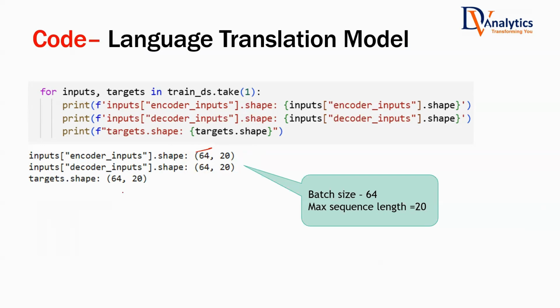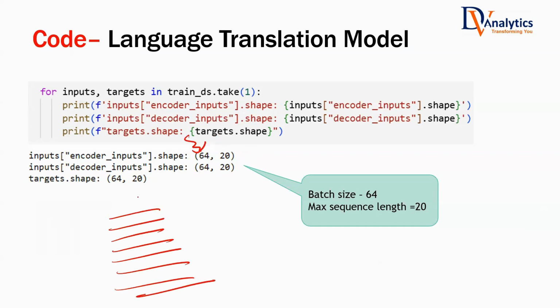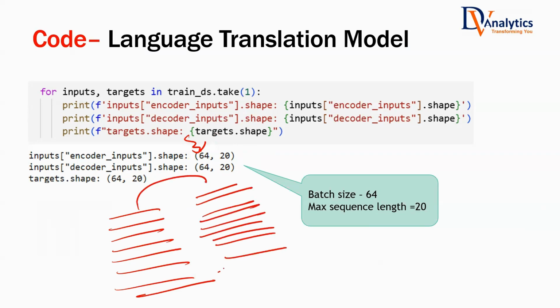So the target shape is also 64 by 20, as well as the encoder input shape is also 64 by 20. 64 English sentences or English inputs versus 64 Spanish outputs, and each of these English inputs has 20 words max. If we have less than 20 words, we will pad them. If we have more than 20 words, we will trim them.